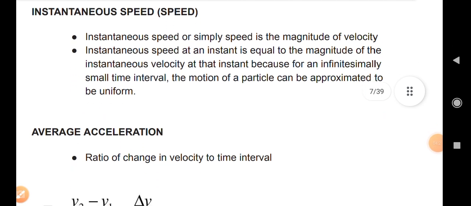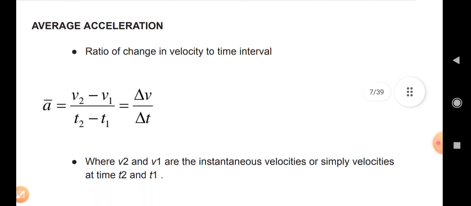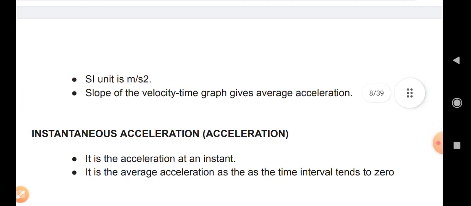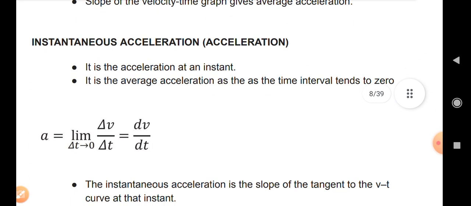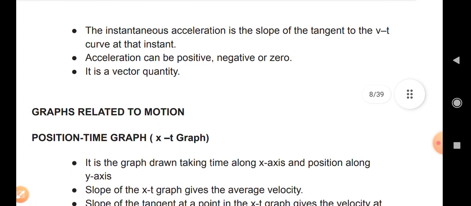Instantaneous speed, or simply speed, is the magnitude of velocity. Average acceleration is the ratio of change in velocity to time interval, delta v by delta t. Instantaneous acceleration is the acceleration at an instant. It's the average acceleration as the time interval tends to 0, dv by dt.